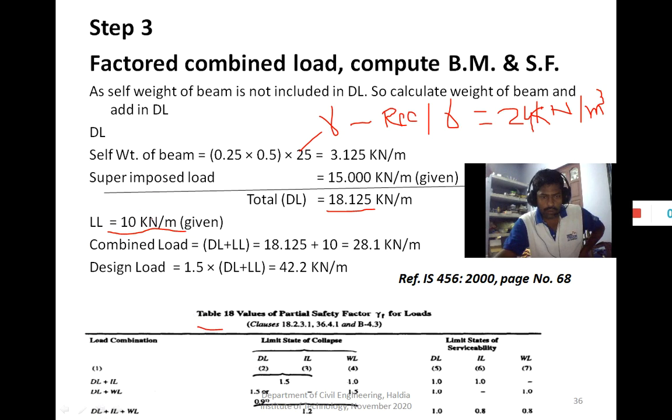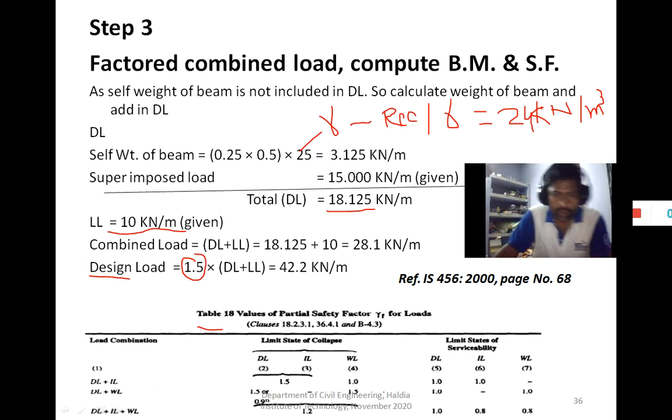In this problem we consider only dead load and live load, so these two loads are combined, that means we add them. Then we get the design load by applying the load factor.